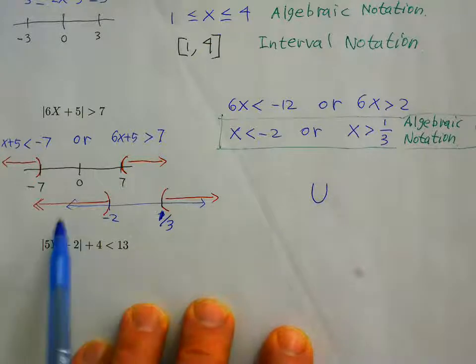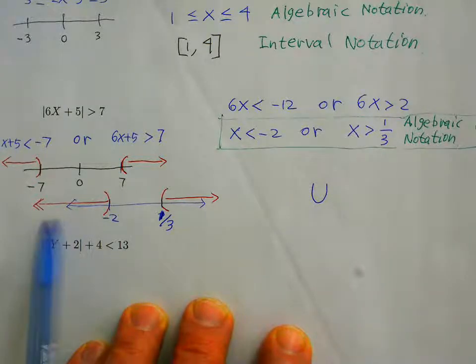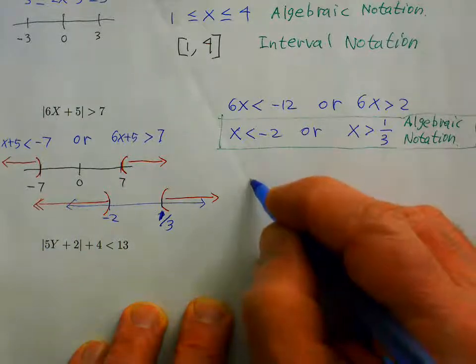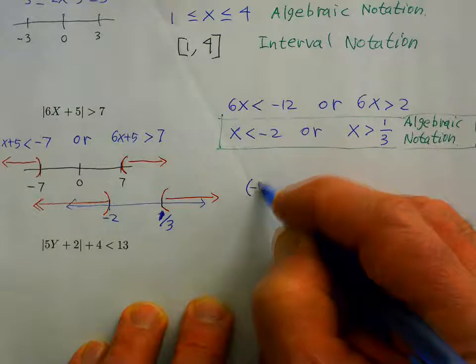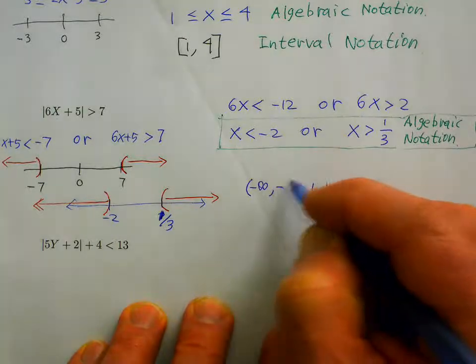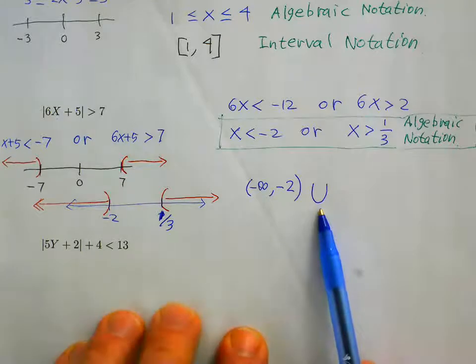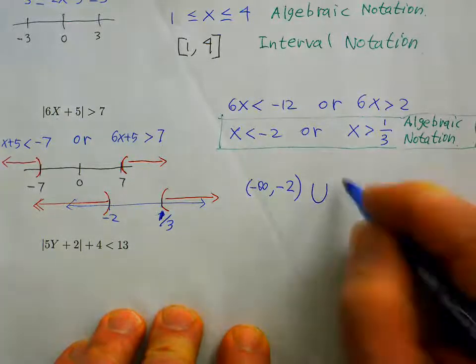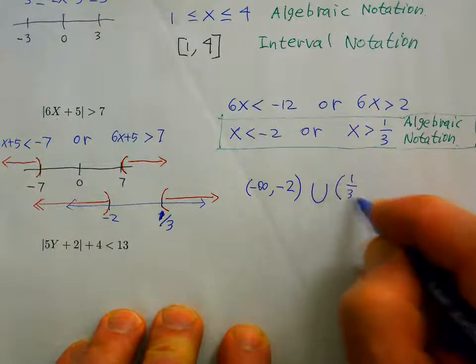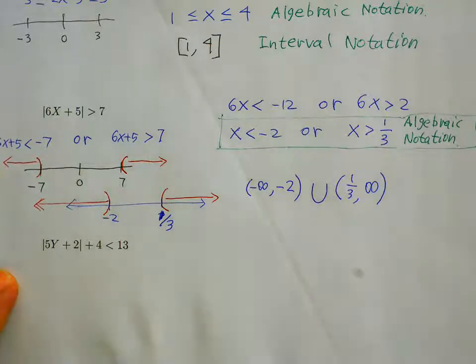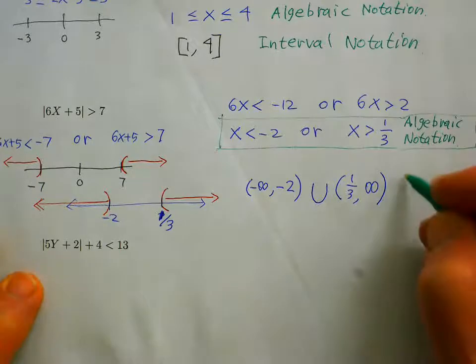This part of the solution on the left is from -infinity to -2. So on the left, we write parenthesis, -infinity, comma, -2, parenthesis, union. And the other part of the number line, parenthesis, 1/3, comma, infinity, parenthesis. This is the interval notation.